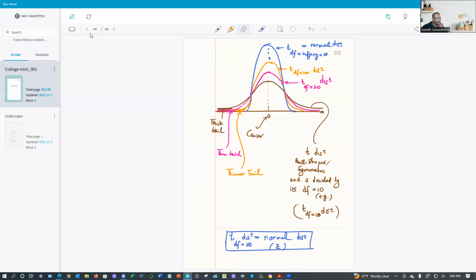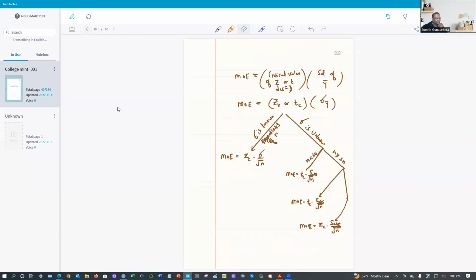So that's the part that we have to take into account. Sigma known, regardless of n, you can use this one. Sigma unknown, small sample, you use this one. Large sample, you can use either one. Large sample, sigma unknown, but with the aid of the sample mean and sample standard deviation, you can use this one.